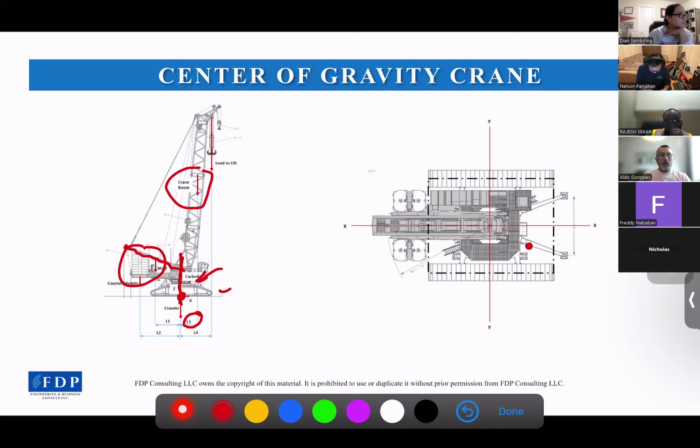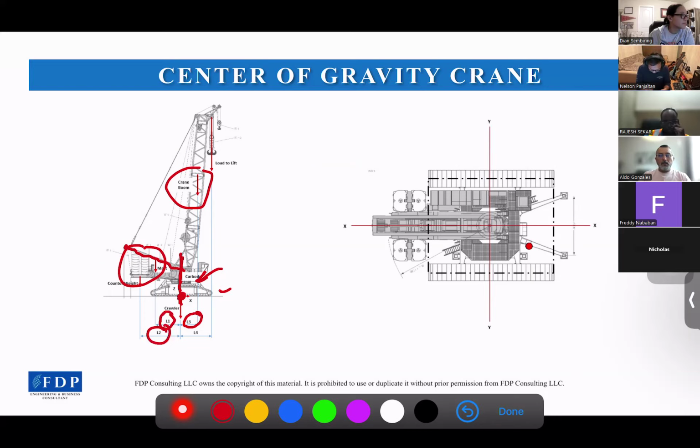And for the mast, I assume the COG is at the center of the mast. So the distance from the COG of the mast to our origin point is L1. And for the counterweight, for example, the COG to the origin point is L2.